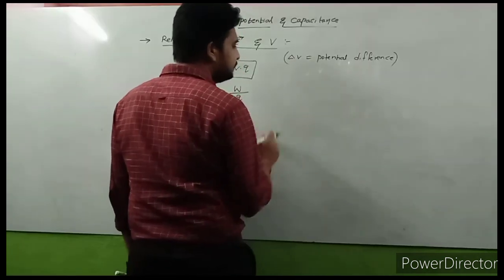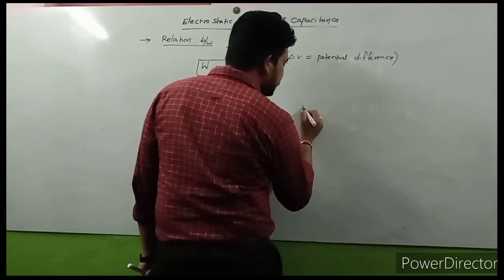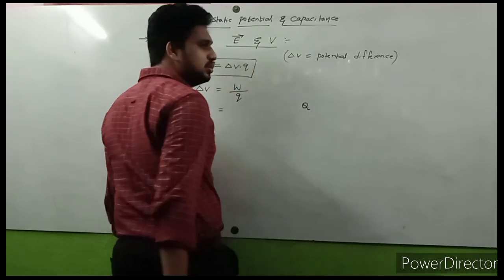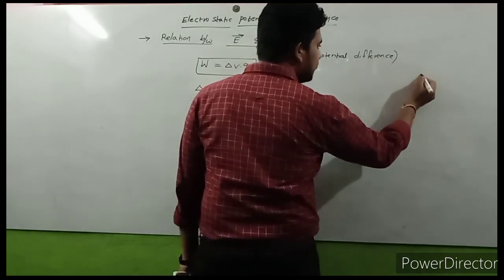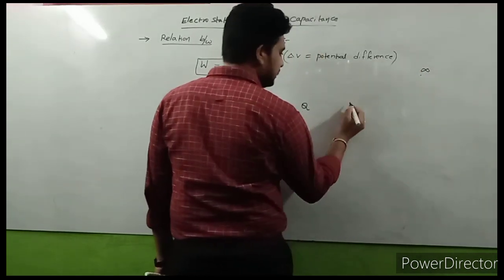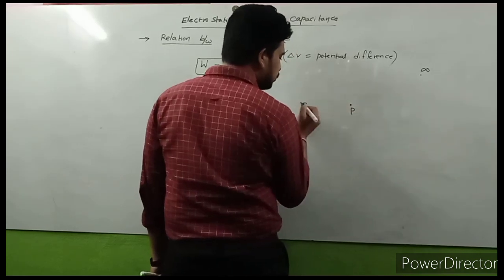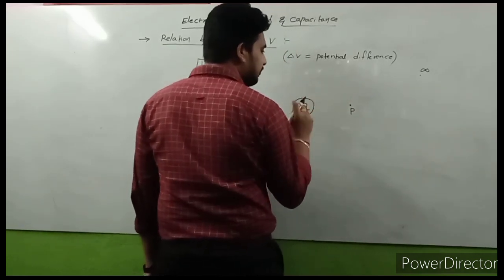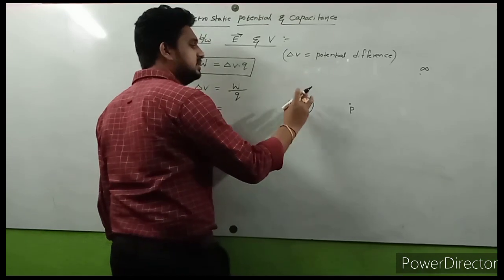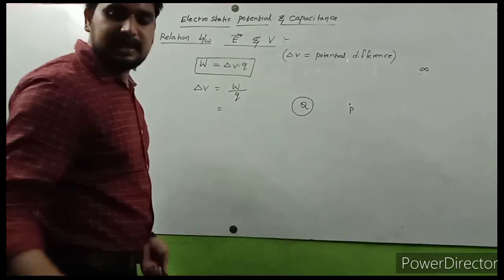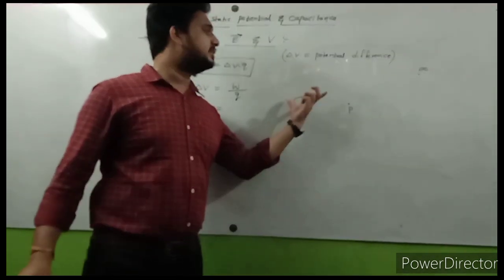You know that. Let us consider one source charge. This is a source charge, and this is some point P. This source charge produces some field. Whenever a charge is there, it creates some field.